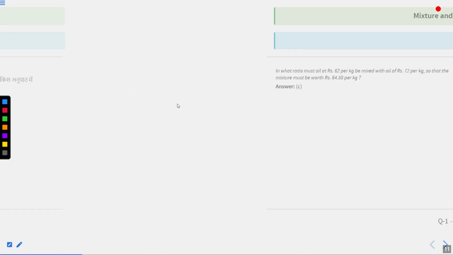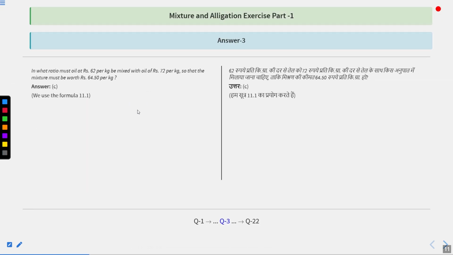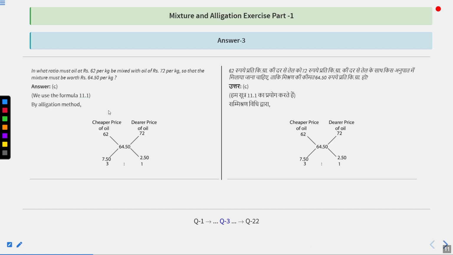Now time's up. Let's see the solution. Now we are going to use the alligation formula, in which there is the cheaper price, the dearer price, and a mean price, that is the average. We took the price of the cheaper oil, which is 62 rupees, and the dearer or costlier oil, which is 72 rupees, and their average is given as 64.50 rupees.